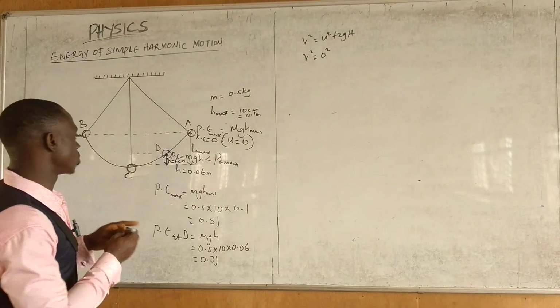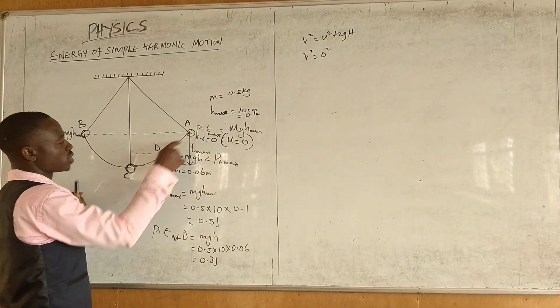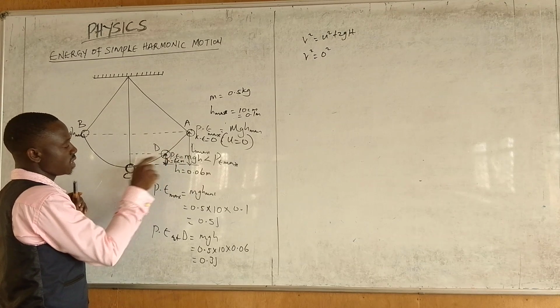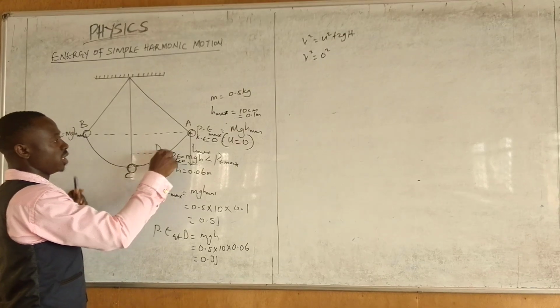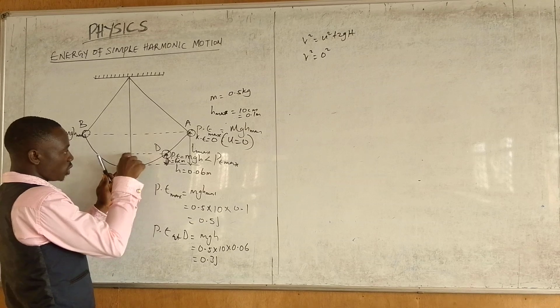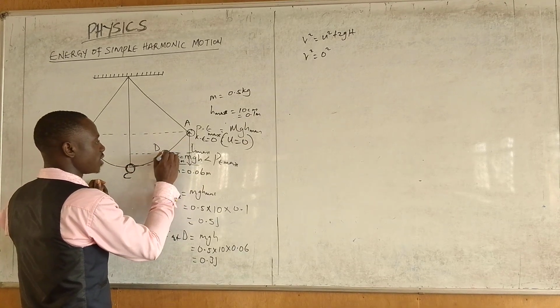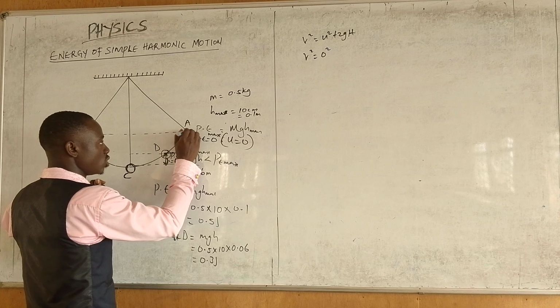U equals 0. Now by the time it falls from here to here, please don't forget that the height, this 6 centimeter, is from here to here, not from here to here. We need the vertical height from this point to this point here.